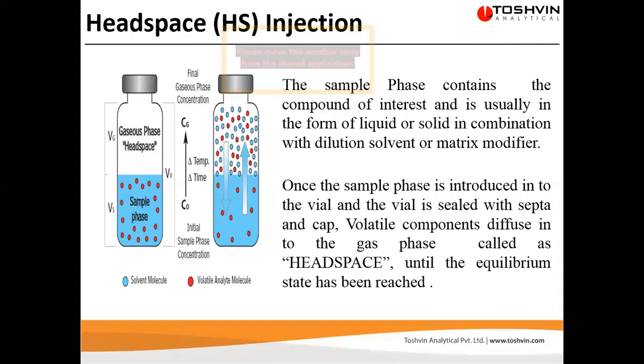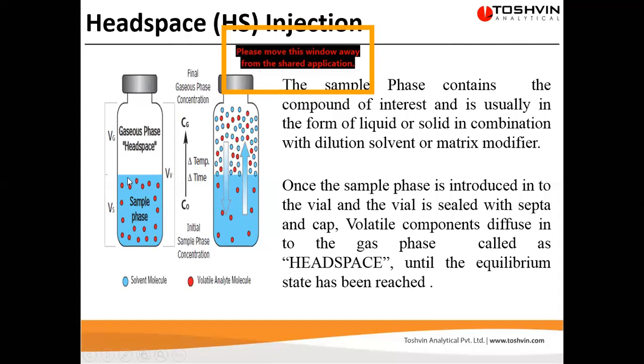Accordingly, you set the heating temperature, because ultimately your aim is to convert that analyte into vapor form. So you should apply sufficient temperature to this vial. Once the vial is heated, that analyte will come into vapor form and accumulate in this empty space.